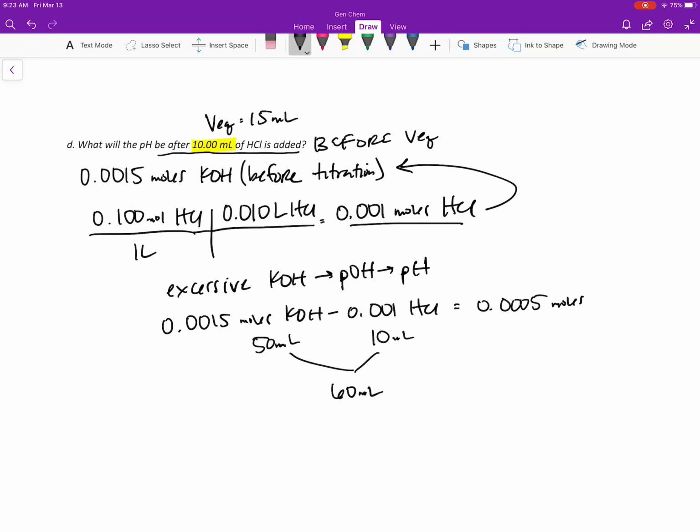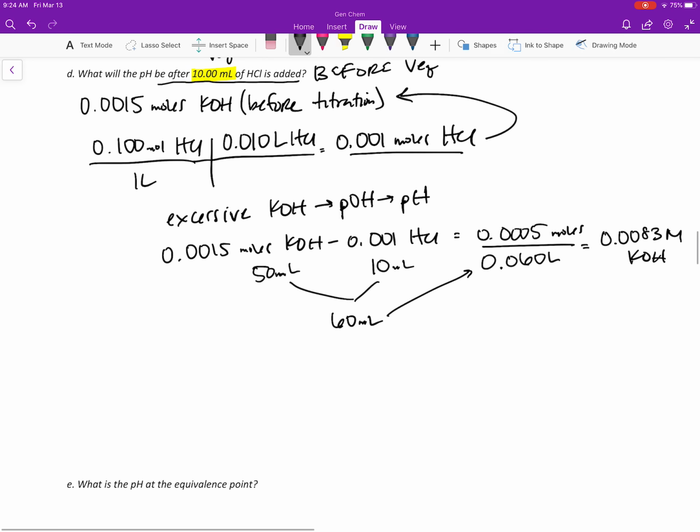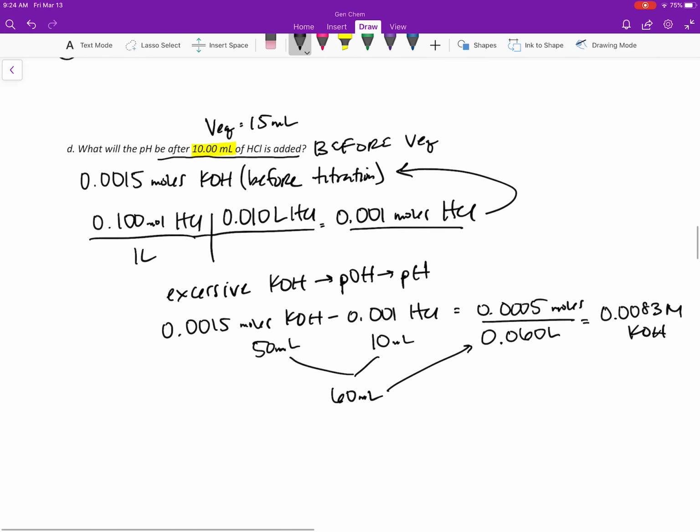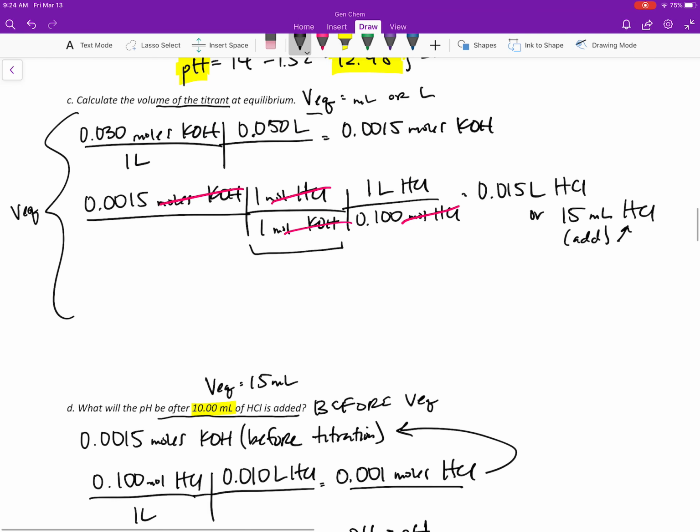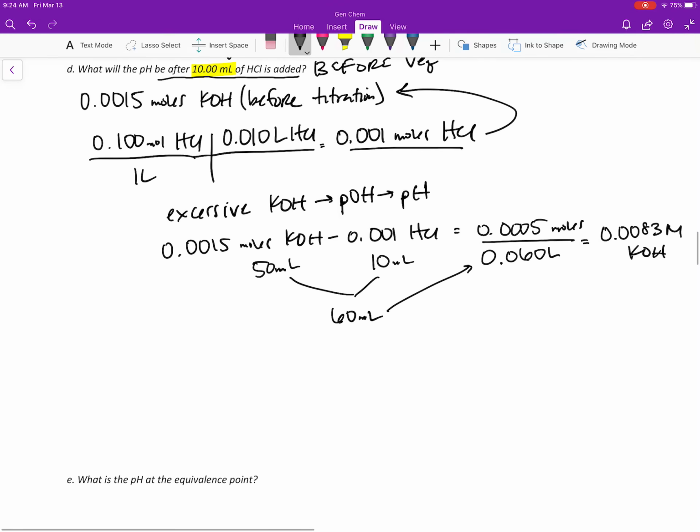Okay, so I have the number of moles, and to get molarity so that I can plug it into the negative log of, I'm going to divide by the new volume. So this is going to give me a molarity of KOH of 0.0083. So it should go down because I have consumed some of my KOH at this point.